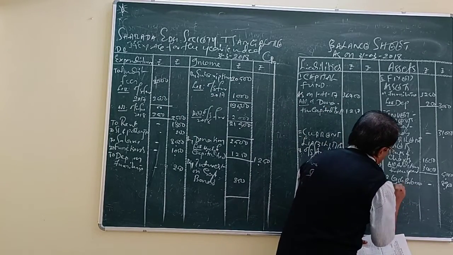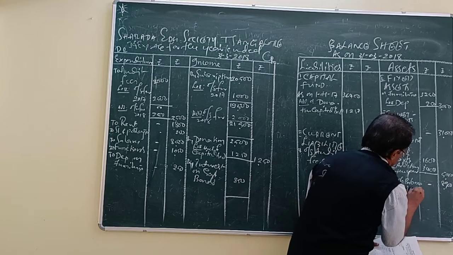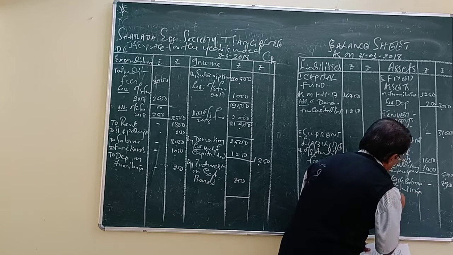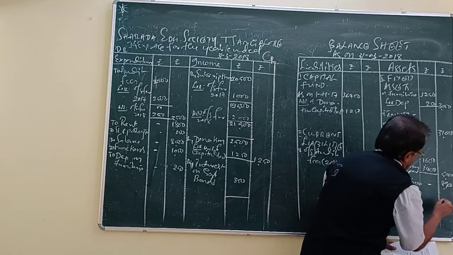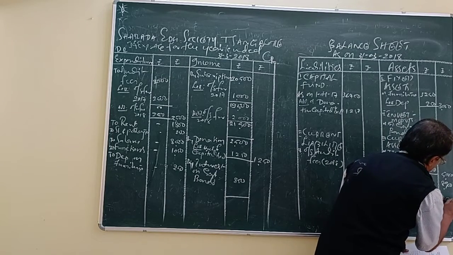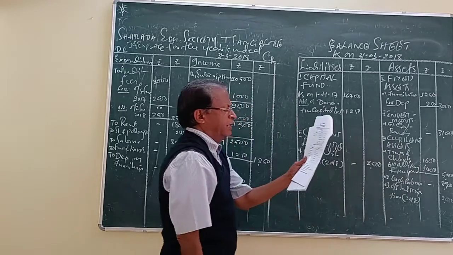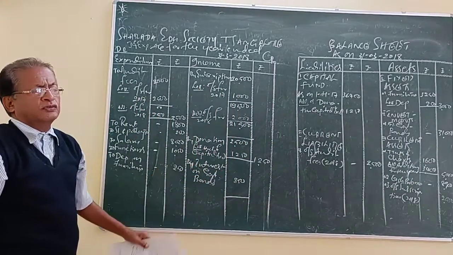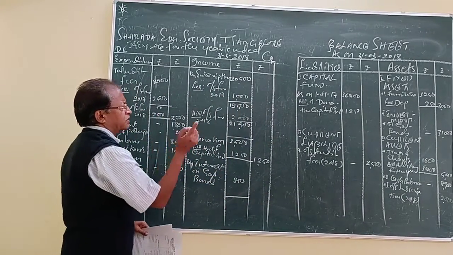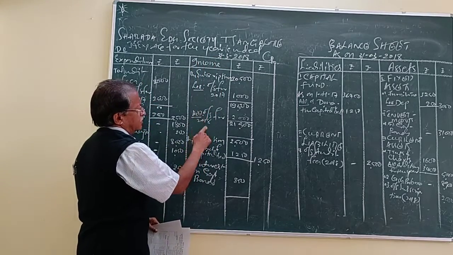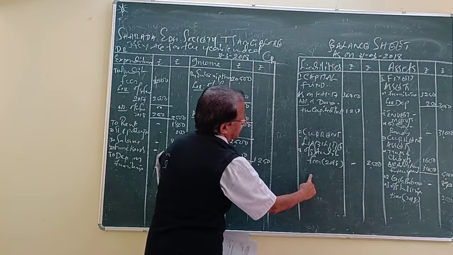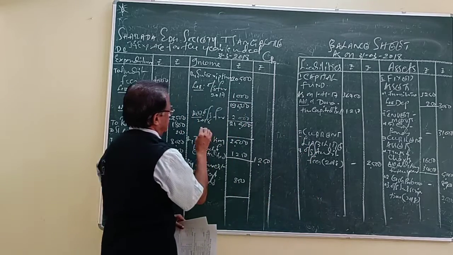Number 3, outstanding subscription for 2018. Outer column 2,000. And subscription received in advance rupees 1,500. It will be shown in two places. In the income and expenditure account, a deduction out of the subscription and the same item will be shown in the balance sheet under the heading current liabilities.